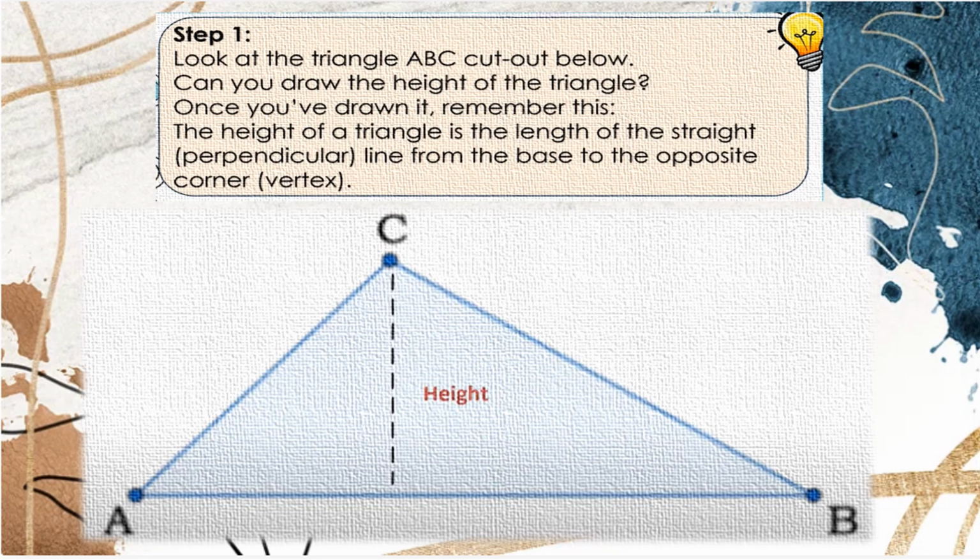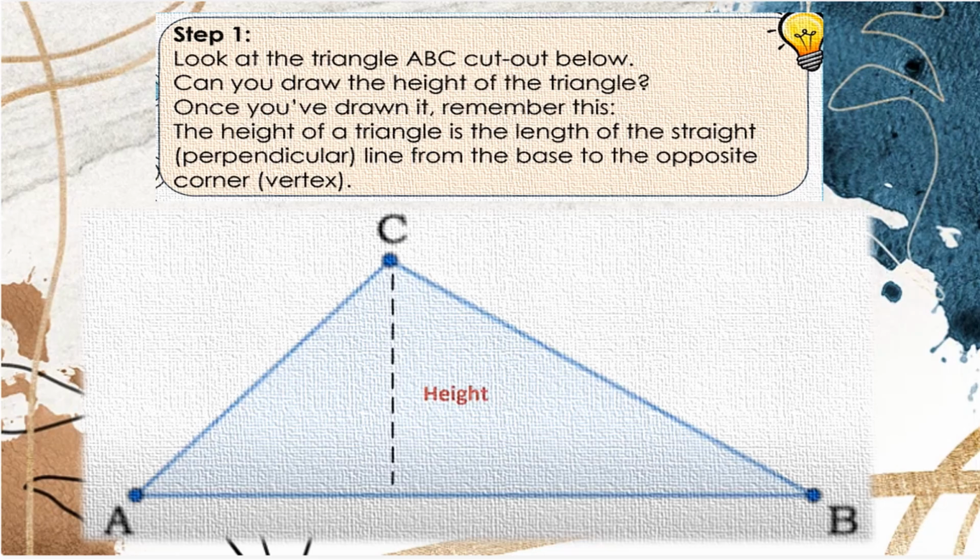I want you to look at the triangle ABC. Can you draw the height of the triangle? Once you've drawn it, remember this. The height of a triangle is the length of the straight perpendicular line from the base to the opposite corner or vertex. So our base here is AB.